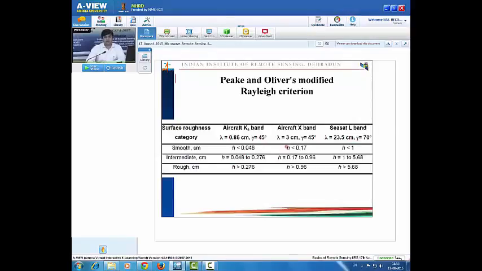You can see here when you put these values, suppose in the case of aircraft Ka band, if the object height is greater than 0.27 centimeter, then that type of surface will behave like a rough surface. But the same surface will behave like a smooth surface in the case of L band. So here you can see that surface roughness is a property of depression angle, wavelength and the object height.